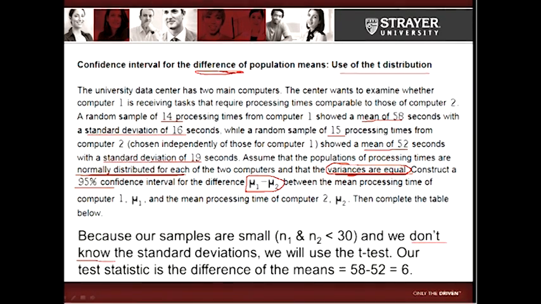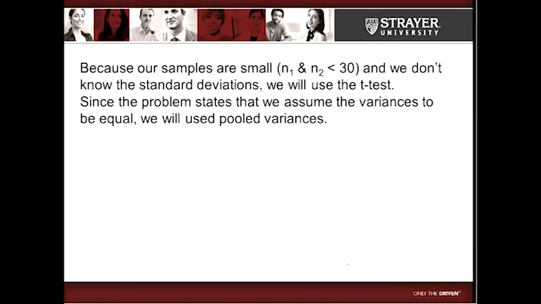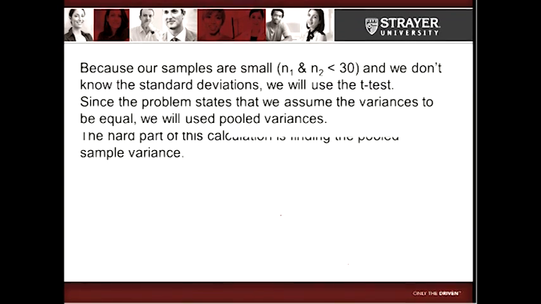Our test statistic is the difference of the sample means, which is 58 minus 52, so the difference of the sample means is 6. Since the problem states that we assume the variances to be equal, we will use pooled variances.